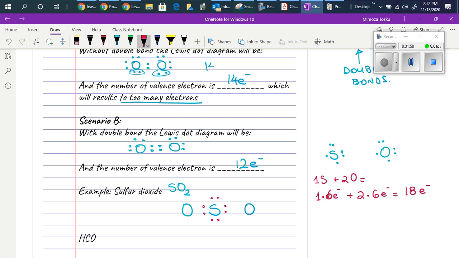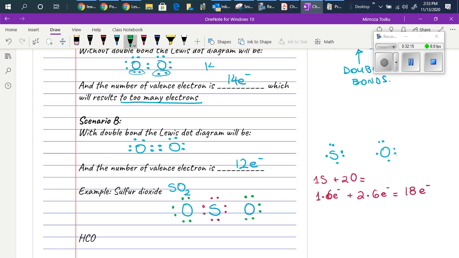Then we complete the outer atoms with 8 electrons each: 1, 2, 3, 4, 5, 6, 7, 8.